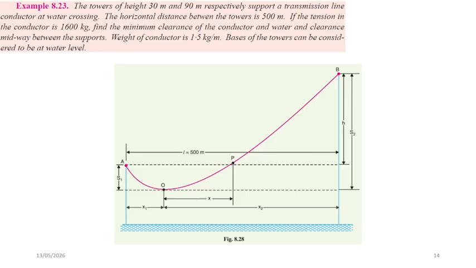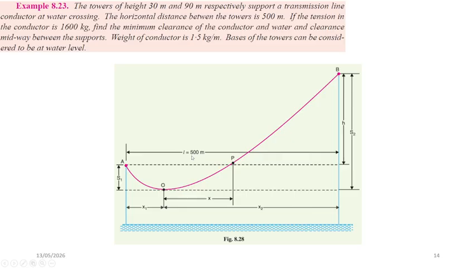And this slide illustrates the sag analysis of a transmission line crossing a water body between two towers of unequal heights. You can see that we have unequal heights between these two towers. The conductor is supported by towers of 30 meters and 90 meters with a horizontal span of 500 meters.